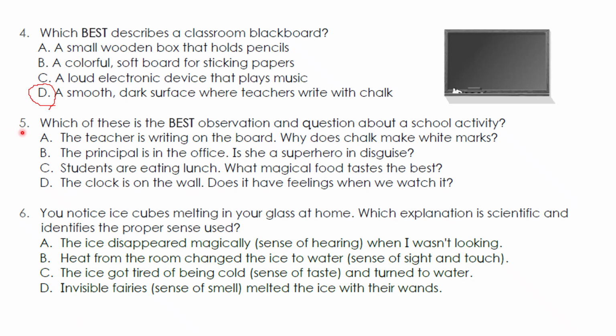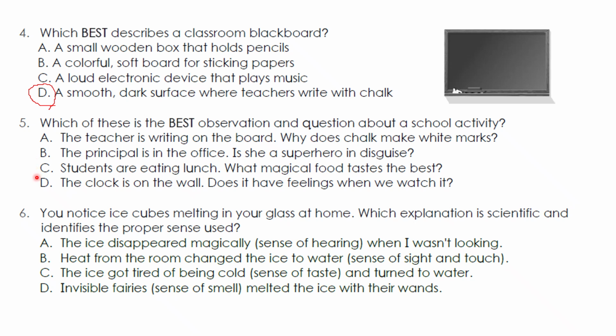Next, for number 5, which of these is the best observation and question about a school activity? A. The teacher is writing on the board. Why does chalk make white marks? B. The principal is in the office. Is she a superhero in disguise?